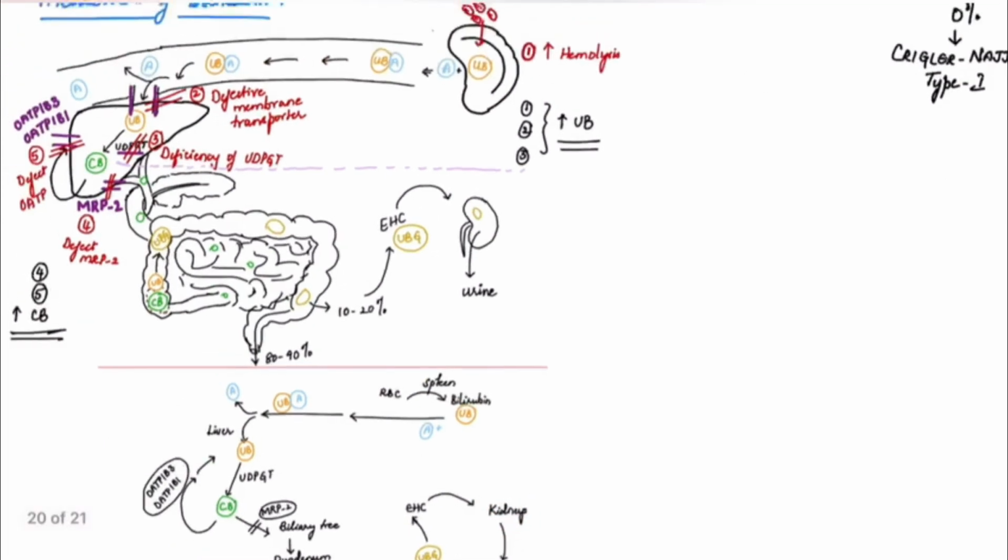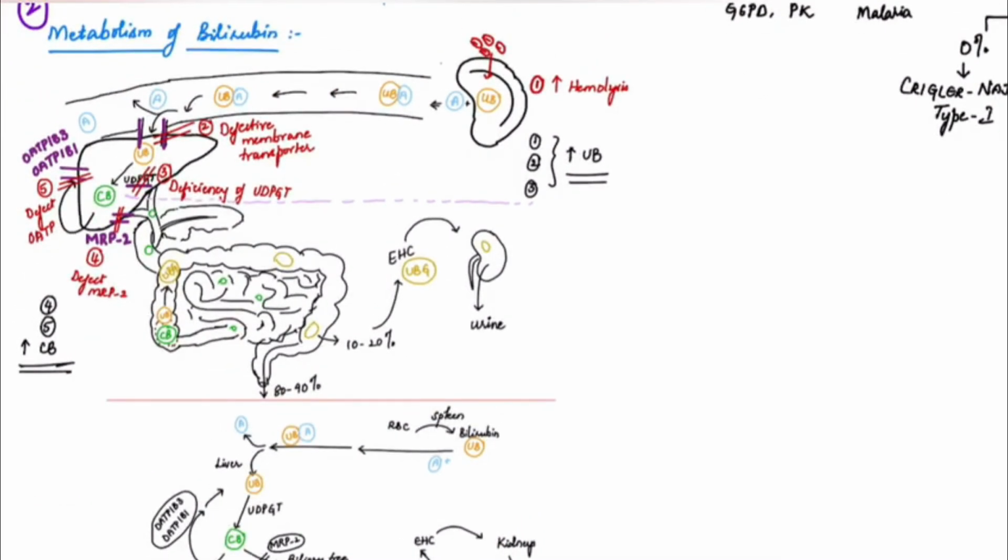Okay. Now, abnormalities of bilirubin metabolism occur when there is increased hemolysis, when there is a defect in the membrane transporter reuptaking the unconjugated bilirubin, and when there is a defect of the enzyme which is required for conjugation. So these three processes will increase the amount of unconjugated bilirubin. Okay.